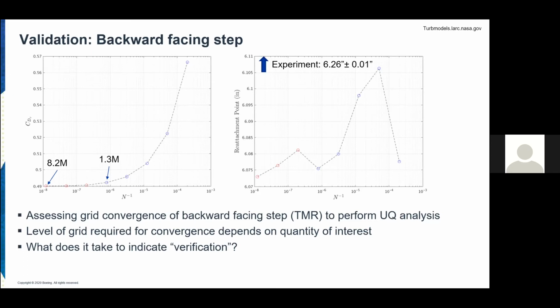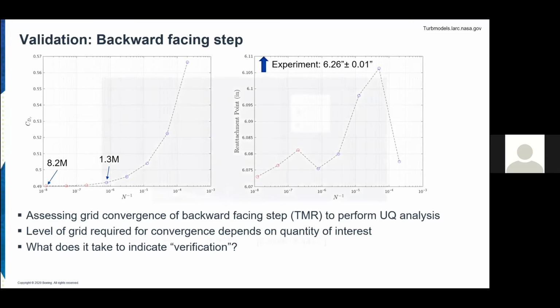As we keep adding more details to the flow, we're causing this global change in behavior. This is, again, a violation of some of those assumptions that went into the Richardson analysis, and that's why things don't behave the way we expected.